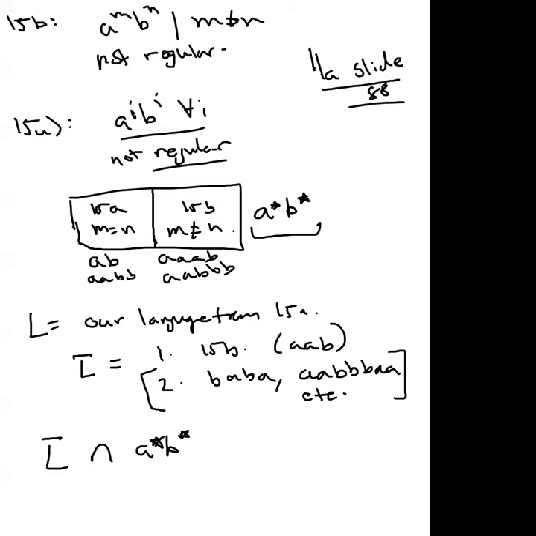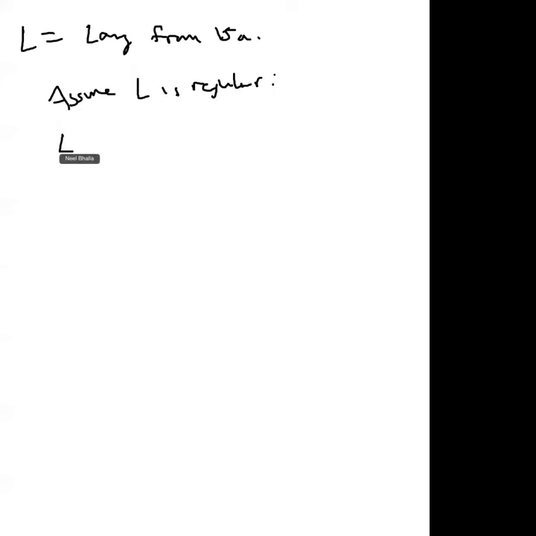Now the proof is pretty simple. Let L be the language from 15A. Assume L is regular. Then L complement is regular because of the closure properties.